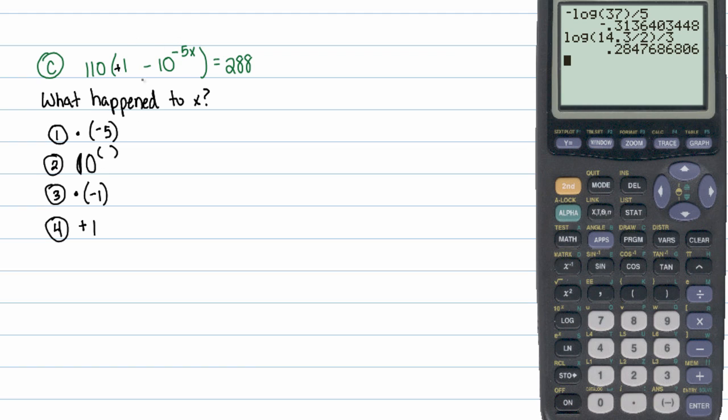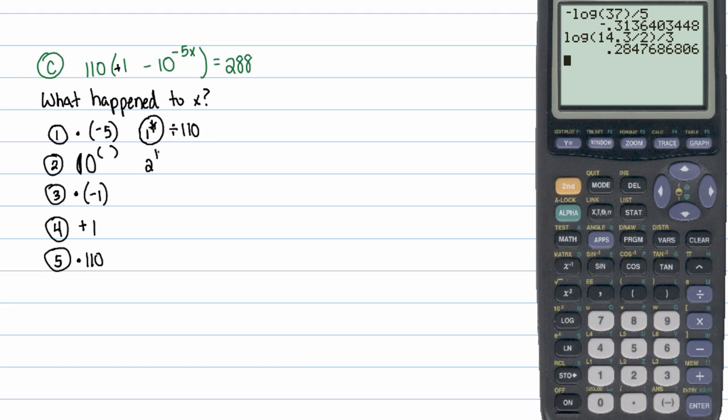So now I'm done inside the parentheses. The last thing they do is they multiply by 110. So I have a list of things here that I really need to undo. The first thing that I'm going to undo is the last thing that they did. They multiply by 110. I'm going to divide by 110.